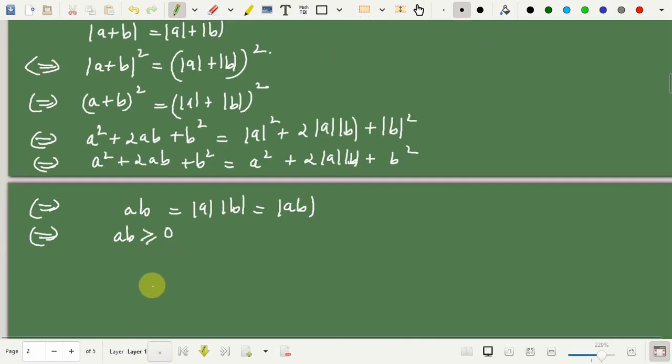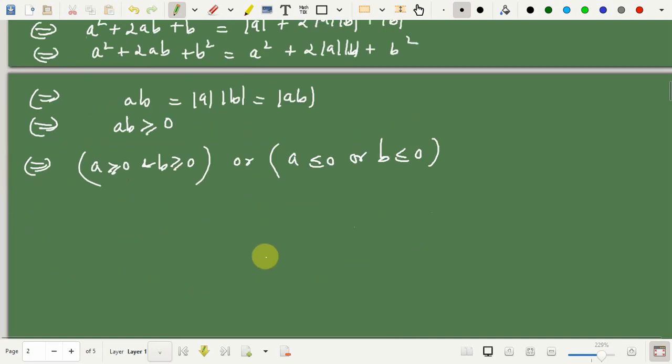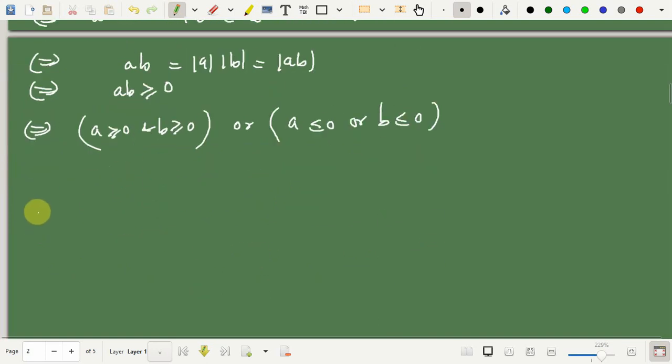So, we can consider equality with 0 also, and the product is greater than or equal to 0 when both of them are positive or both of them are negative. So, this is the same as saying A is greater than 0 and B is greater than 0, or A is less than or equal to 0 and B is less than or equal to 0. In this way, we attain the proof for the equality.